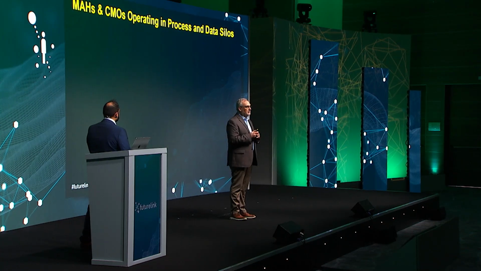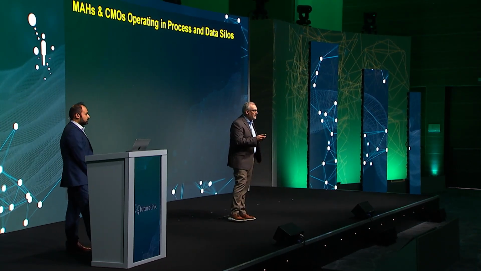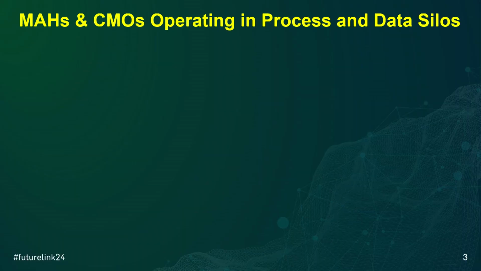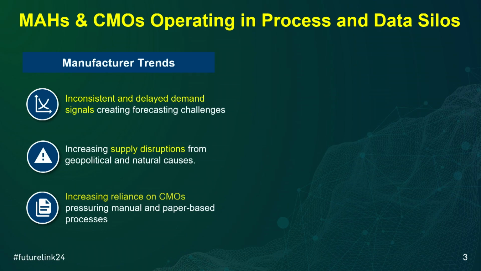So let's talk, at a very high level, about what's happening with life science companies and their contract manufacturing partners. What you have happening on the manufacturer side, and we've heard this a lot throughout the past 2 days, is inconsistent, delayed demand signals coming in.